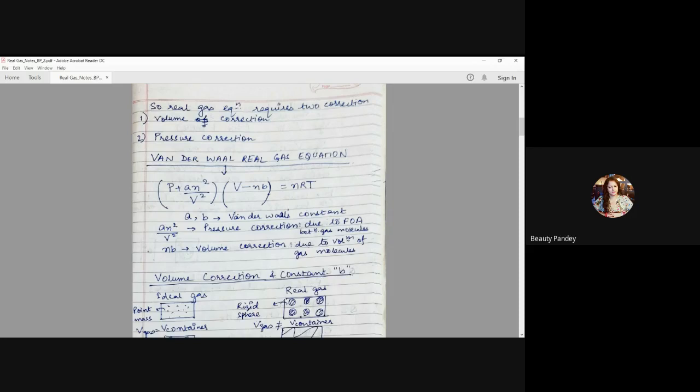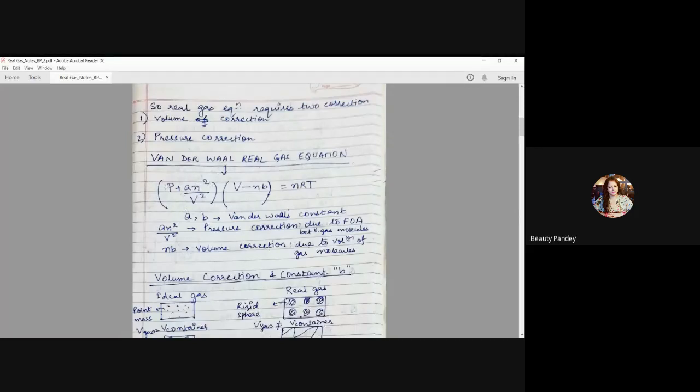However, real gases have a force of attraction, so they experience an internal pressure also. The total pressure will be the external pressure plus the internal pressure arising from the force of attraction. This was given by the correction a n square by V square, right? So this much we have studied.